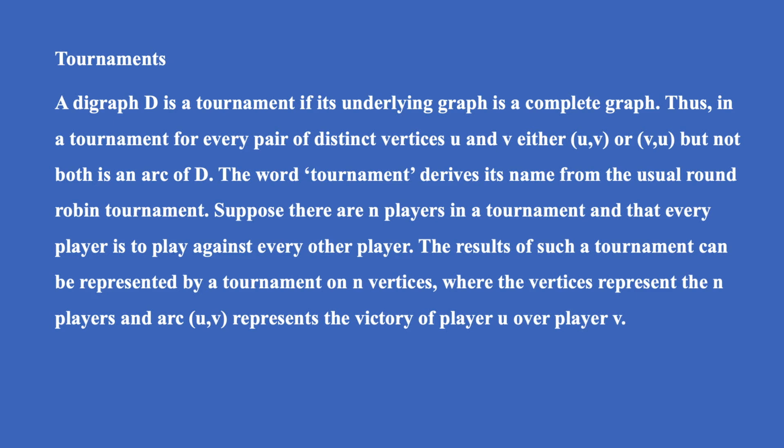Suppose there are n players in a tournament and that every player is to play against every other player. The results of such a tournament can be represented by a tournament on n vertices, where the vertices represent the n players and the arc (u, v) represents the victory of player u over player v.